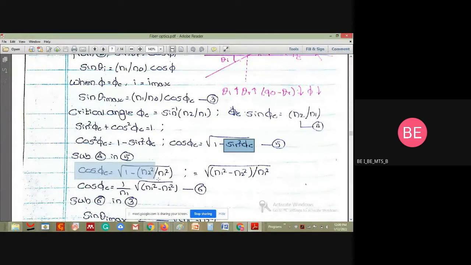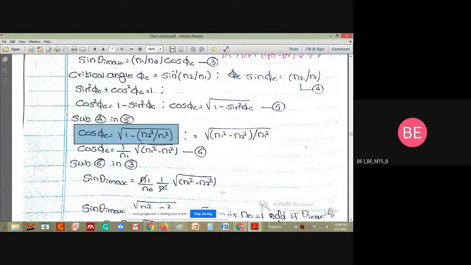So the equation becomes cos phi c is equal to root of 1 minus n2 square by n1 square. Let us take a common denominator by multiplying n1 square with 1.